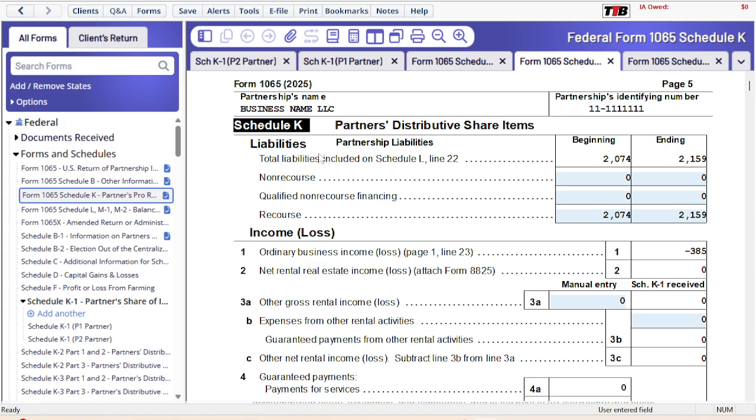In this example, we have partner 1 that owns 75% of the business, partner 2 that owns 25%. So you take your 1065 schedule K line by line, and you multiply by 75% for partner 1, and by 25% for partner 2, and the results of those multiplications will go on schedule K1.